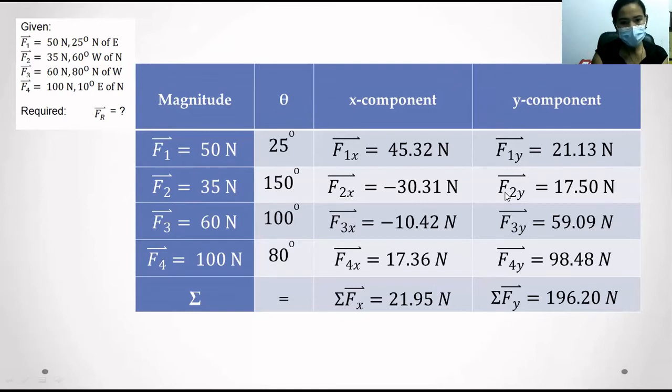We get F sub 2y equals 17.50 newtons. Next, 60 newtons times sine of 100 degrees. That's F sub 3y equals 59.09 newtons. And 100 newtons sine of 80 degrees, you will get F sub 4y equals 98.48 newtons.